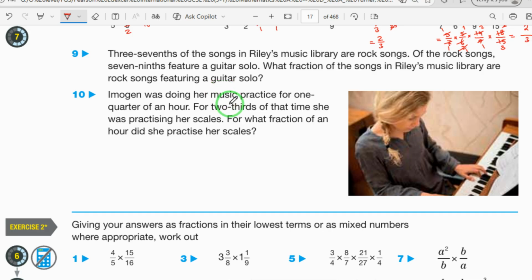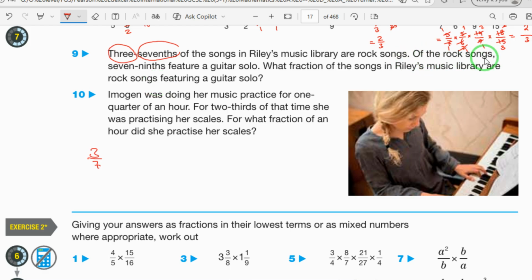So pay attention here. We have just the first one here. We have 3/7. We write here 3 over 7 or 3/7 of the songs in release music. This actually in total music, if divided to 7 parts, 3 parts actually are rock music, rock songs.